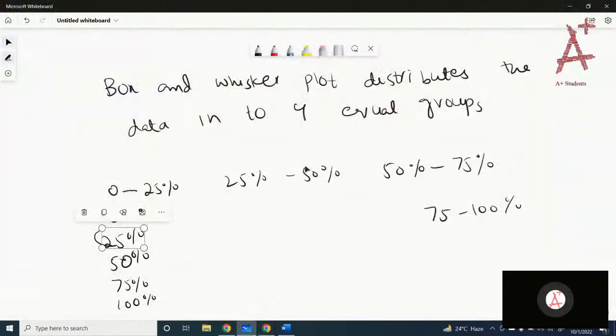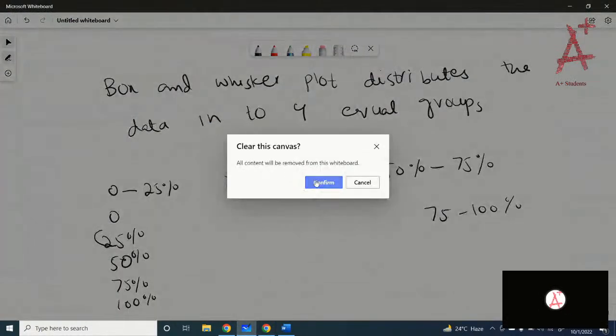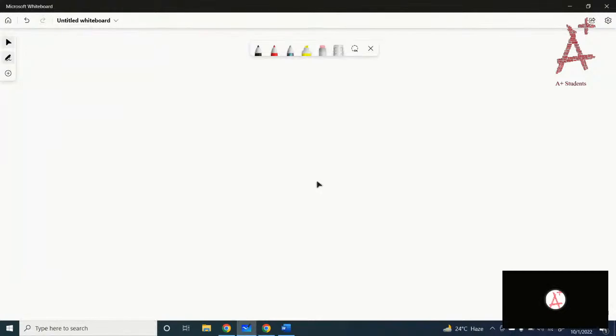Let me write down the lesson name on the board. Okay, the lesson name is integer addition and subtraction rules.